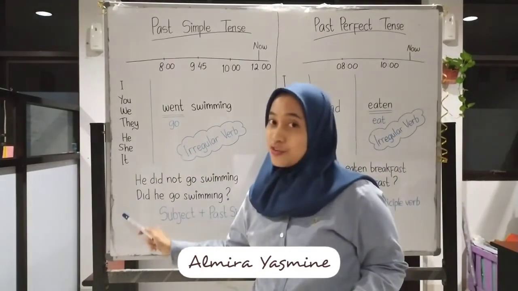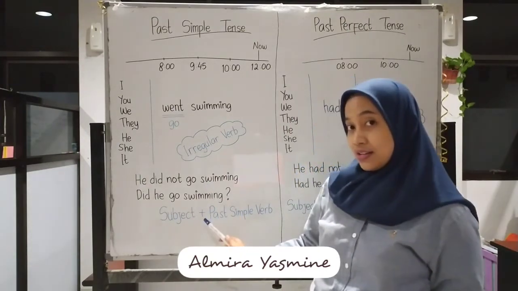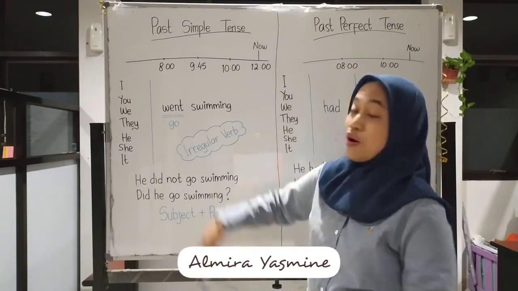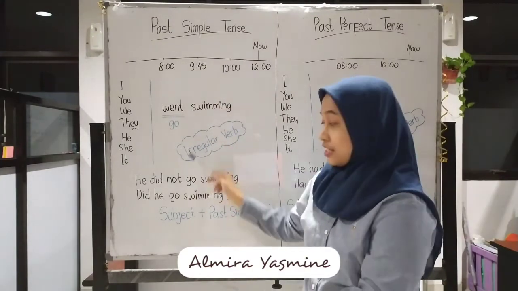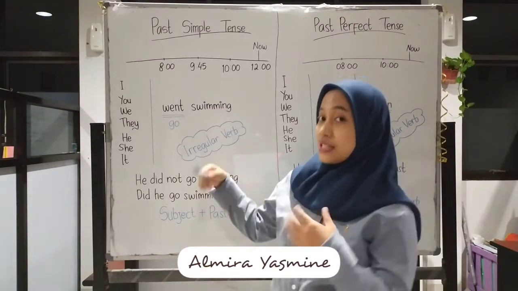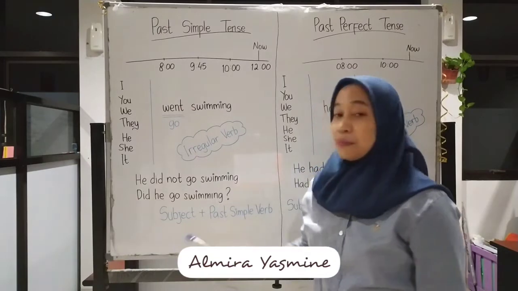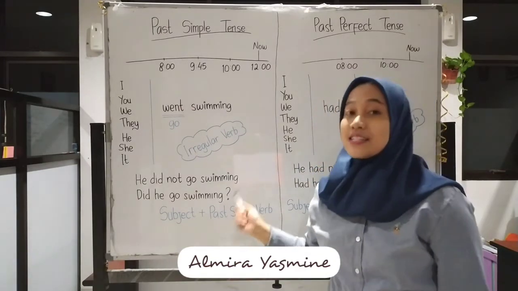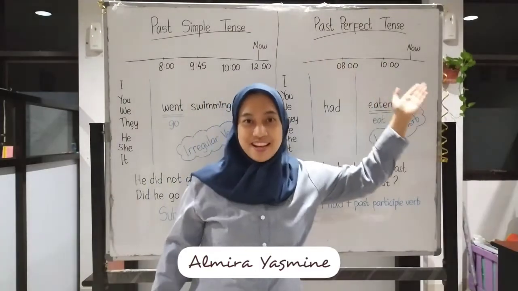The interrogative form is "did he go swimming?" So from this explanation, we can see the formula of the simple past is subject plus past simple verb.